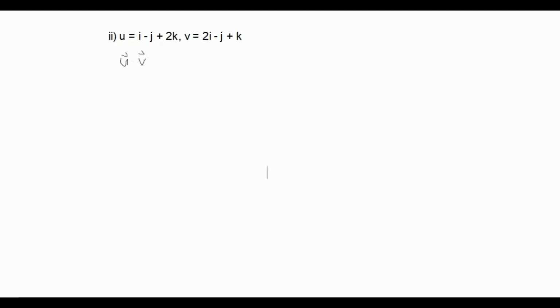Okay, and now we'll move on to part 2 of the first question, and still we will check whether it's orthogonal, parallel, or neither. So we'll check whether it's orthogonal first.